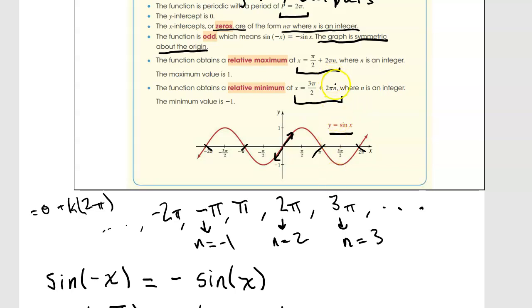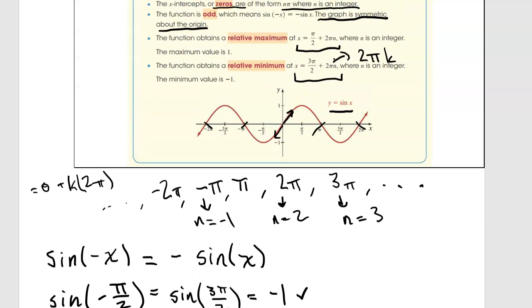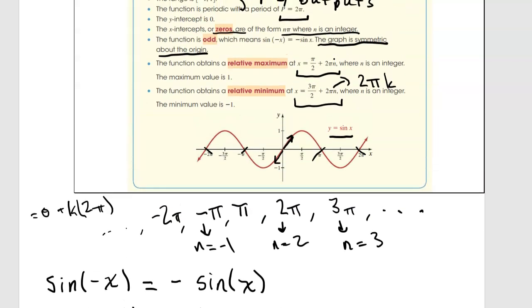So notice that this is 2 pi n, which is the same thing as saying 2 pi k, right, in our coterminal formula. So you can just look at these relative minimums and relative maximums as saying these are the angles your x has to be coterminal with in order to give us a minimum or a maximum. So again, you can get that information from the unit circle, right?